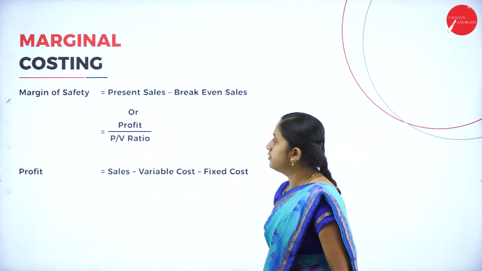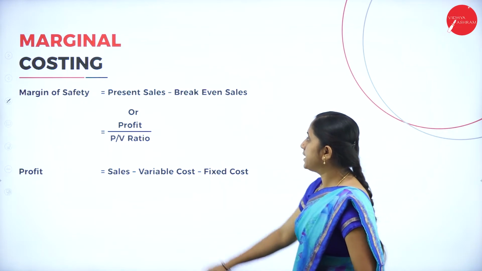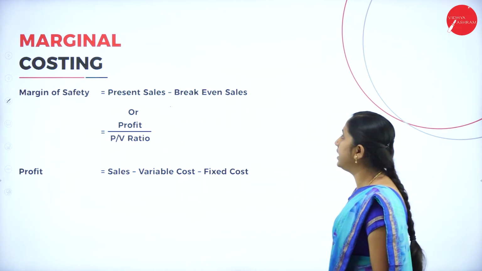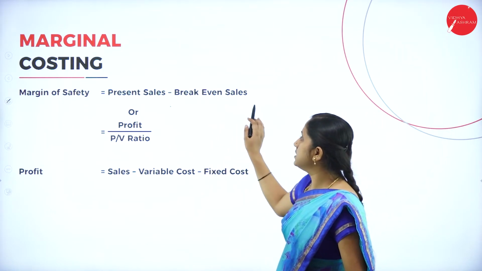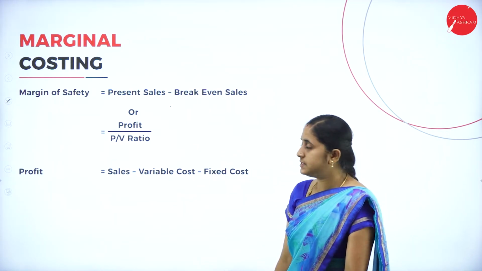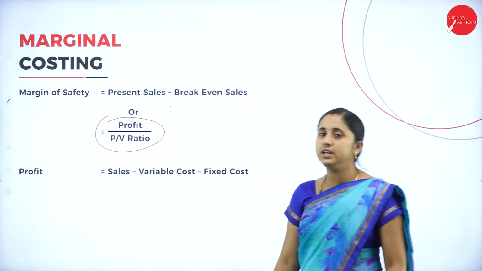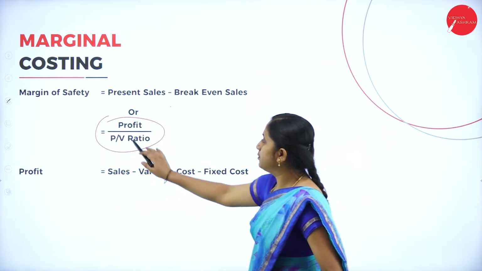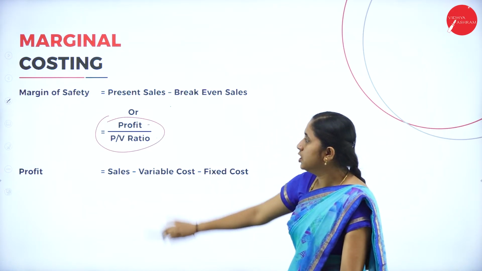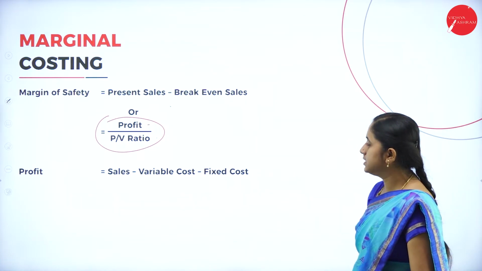Next, margin of safety. Margin of safety is equal to present sales minus break even sales, or else profit divided by PV ratio. If there is any information about the profit and PV ratio, we can use this formula to calculate margin of safety.